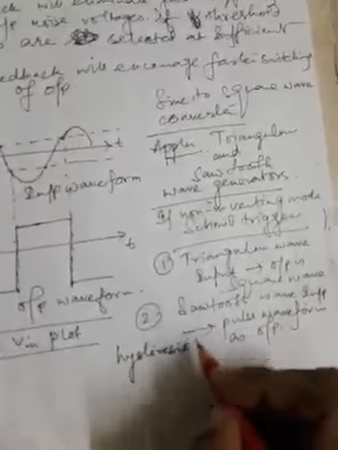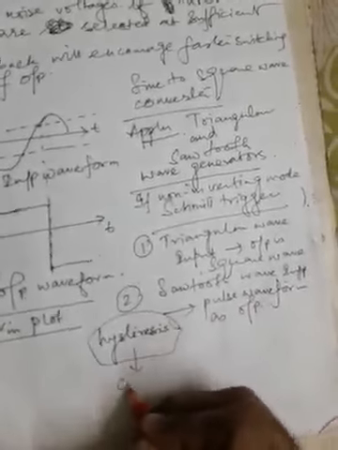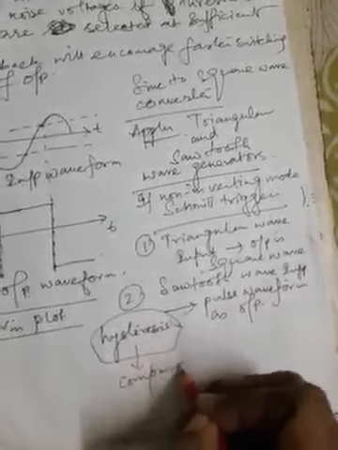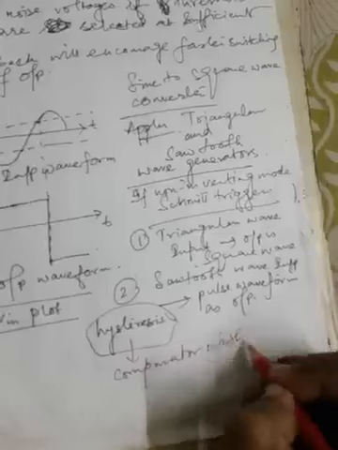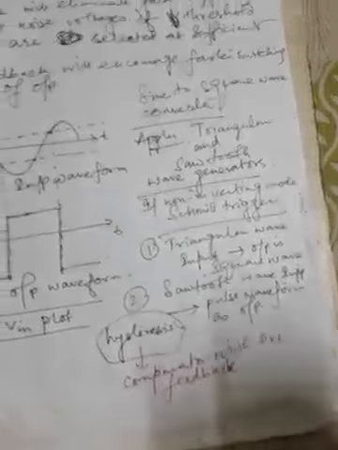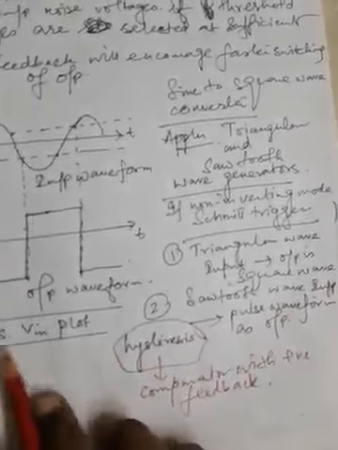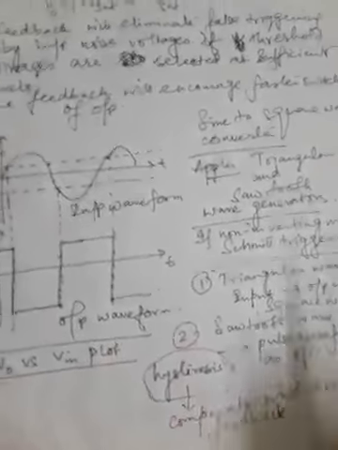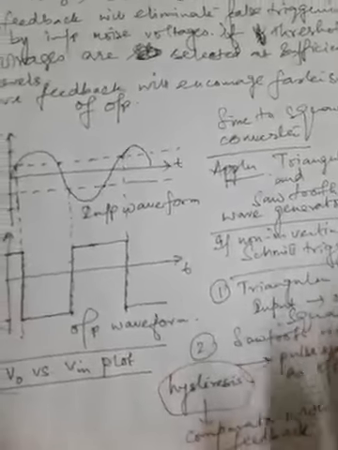Hysteresis is an important phenomenon which should be observed for a comparator using positive feedback. This hysteresis can be understood with a plot of VO versus VIN, the plot between input and output voltages, and from here we can ascertain the dead band condition.